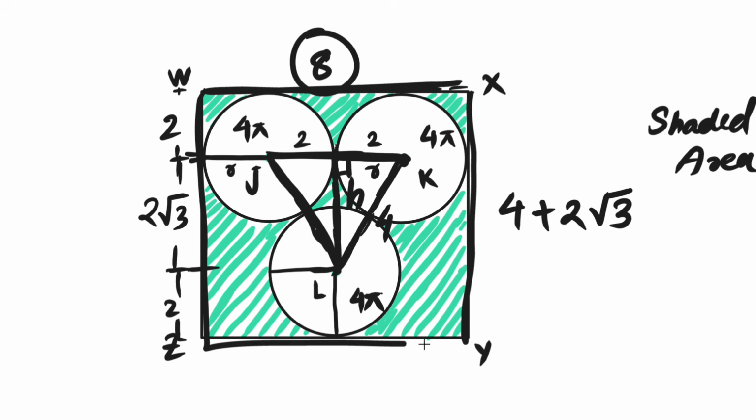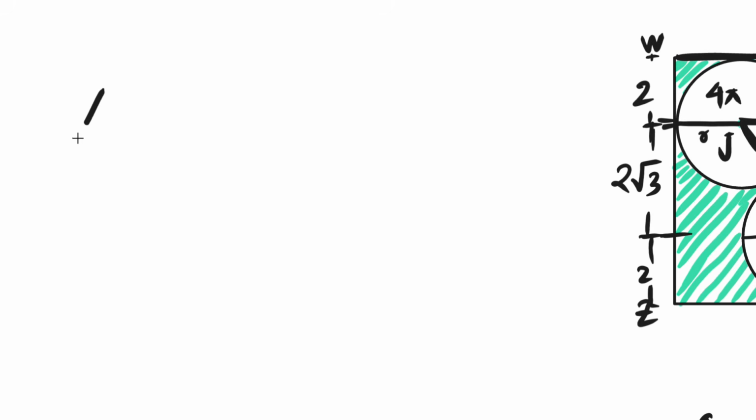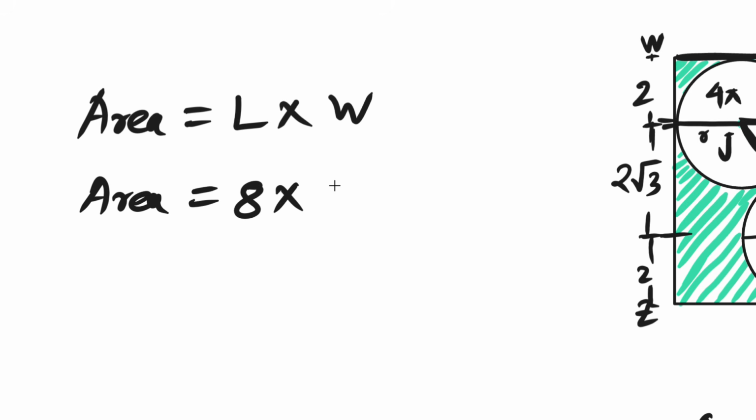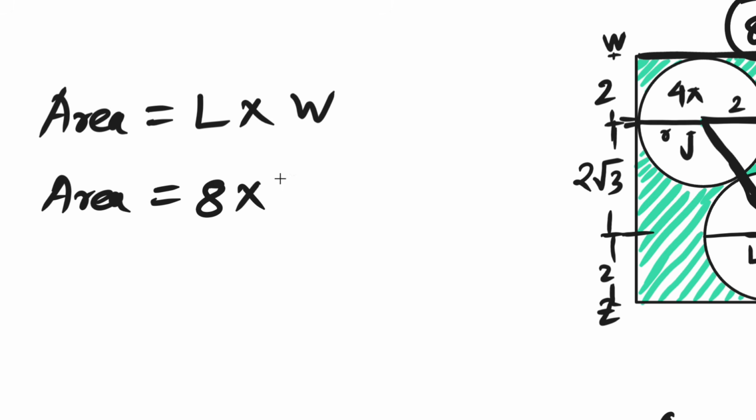Now we can calculate the area of the rectangle. Remember, the area of a rectangle is length multiplied by width. So the rectangle area is 8 multiplied by the quantity 4 plus 2 square root of 3.